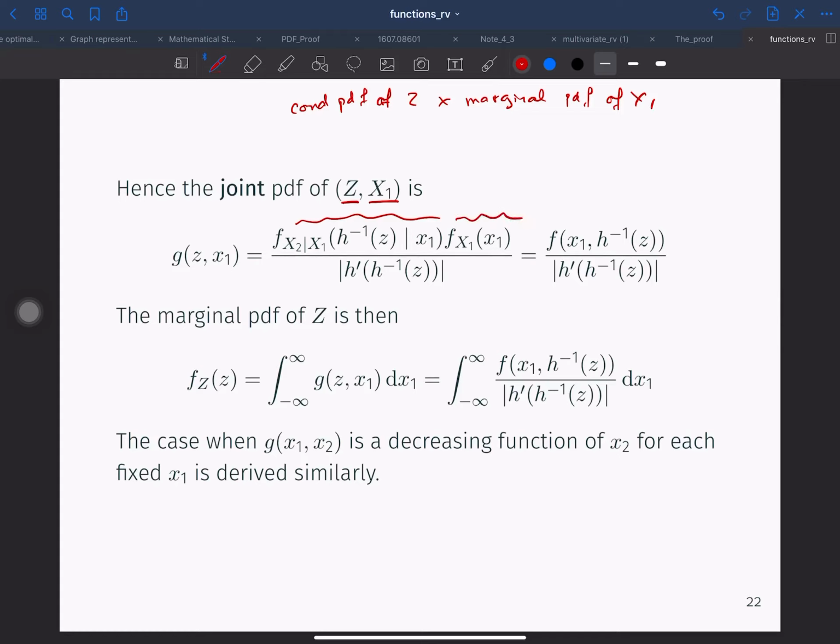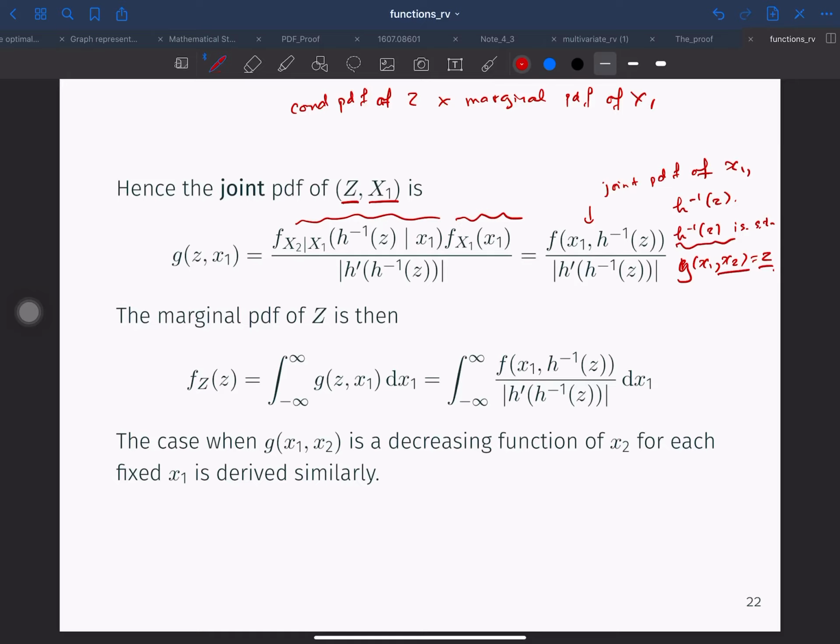And this, as you can see, is nothing more than the joint PDF of X1 and h inverse of z, divided by the derivative. We recall that h inverse of z is such that h of x1, or g of x1 and x2, is equal to z. So this is a perfectly well-defined value for x2.